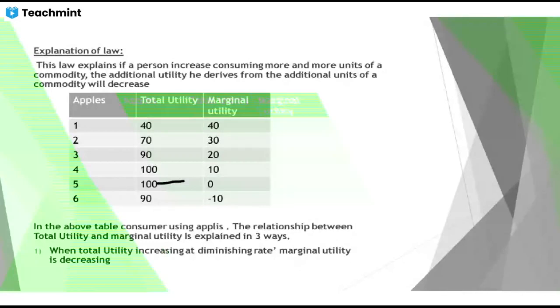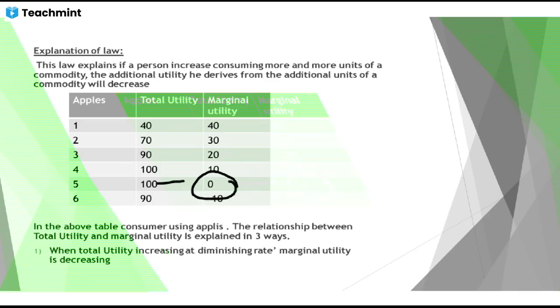as we know, if we use one good continuously, after a particular time we get irritated or bored. We don't want to use that good. So that's why, when we are using the fifth apple, our extra utility is zero.